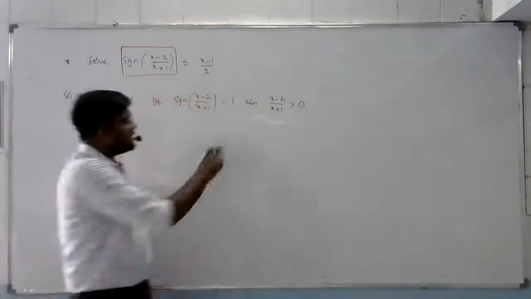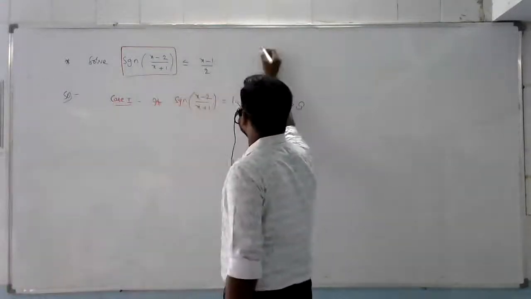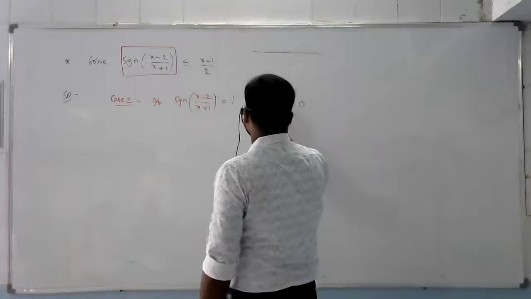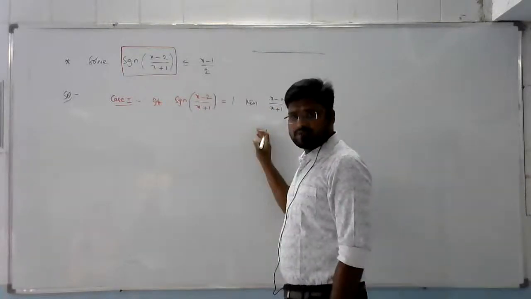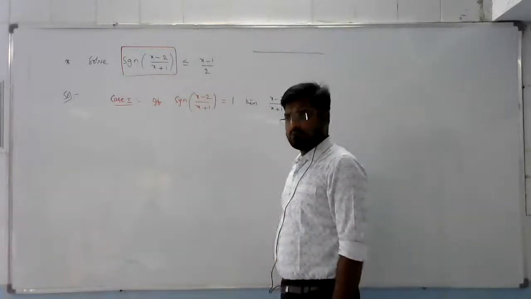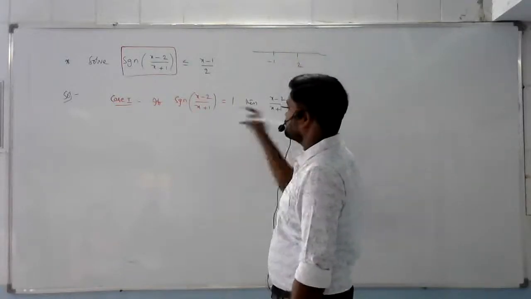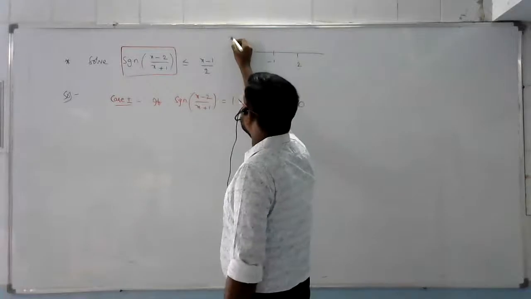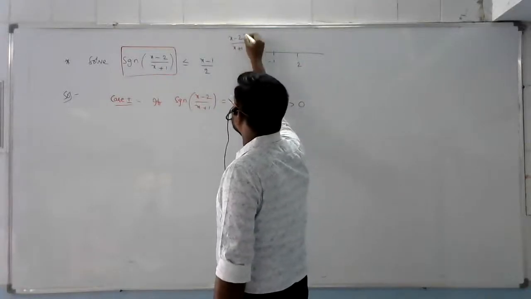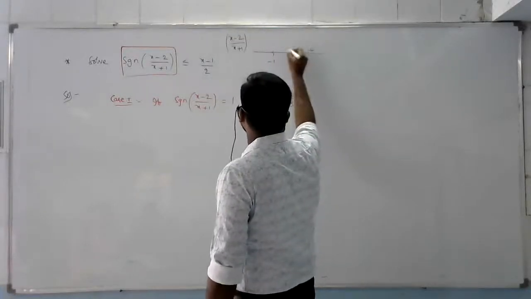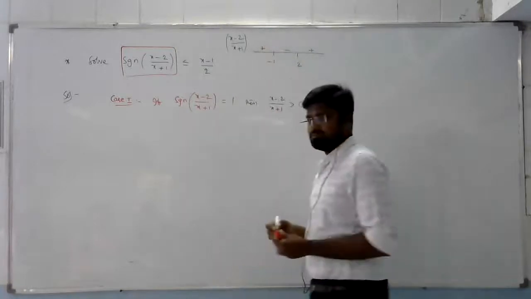Is it correct? Now, before solving this question, let us draw the sign scheme for (x minus 2)/(x plus 1). Where it is positive, where it is negative, using wavy curve method. Because we have to solve this inequalities, right? Minus 1, 2. This one, (x minus 2)/(x plus 1). Now definitely it is plus, minus, plus. Correct?